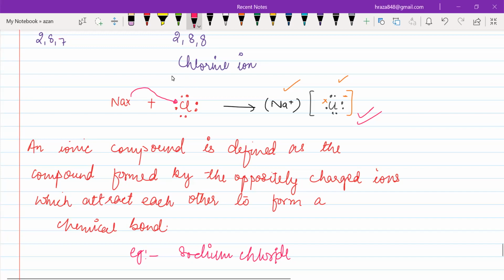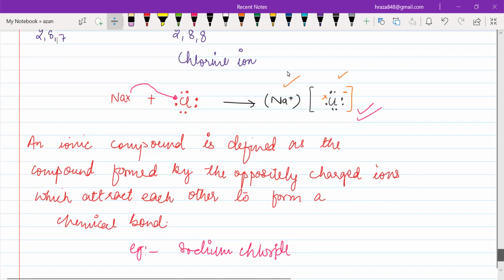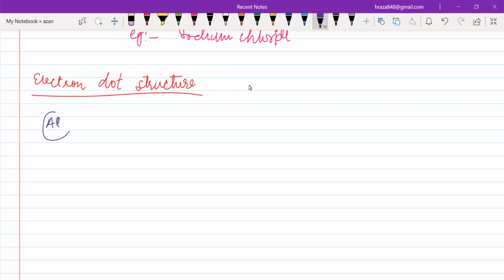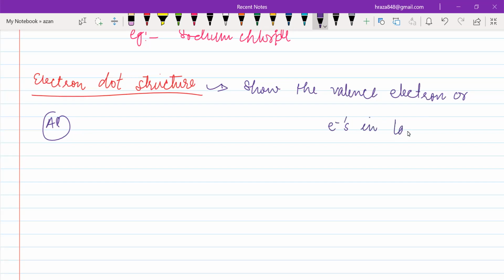Electron dot structure of any element or any compound. Now see what you need to do. If there is aluminum, you just need to show the valence electrons, or basically electrons in the last shell.